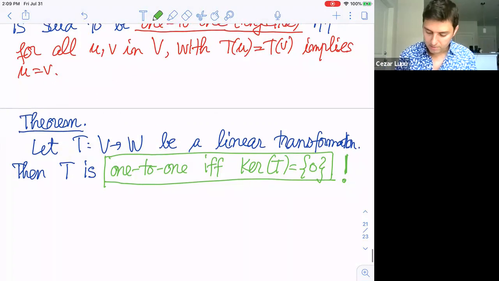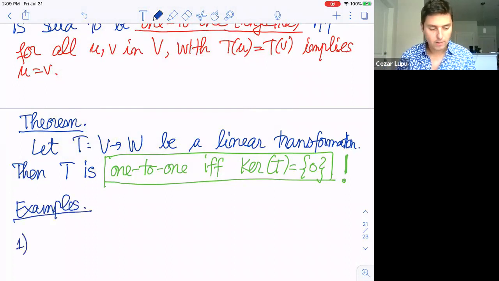And now let's see some examples. Let me start with the first one.